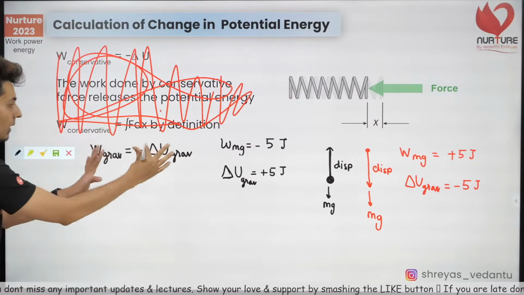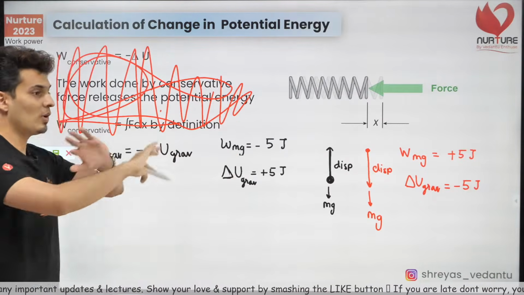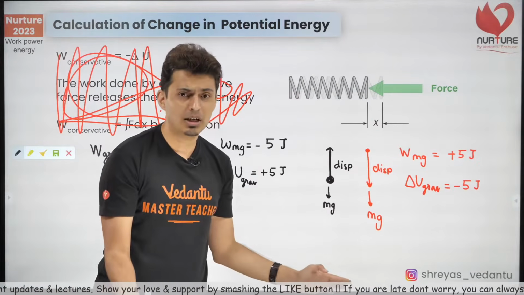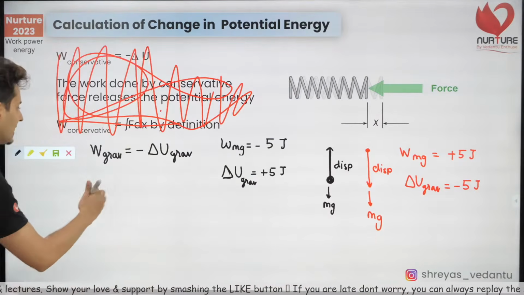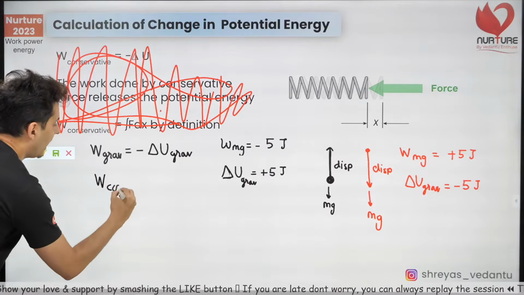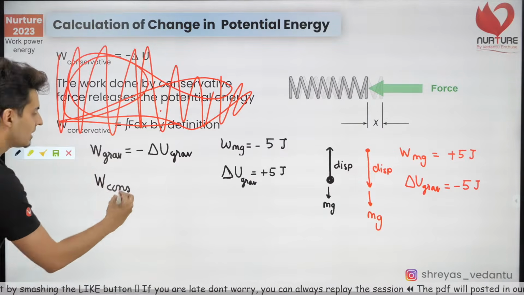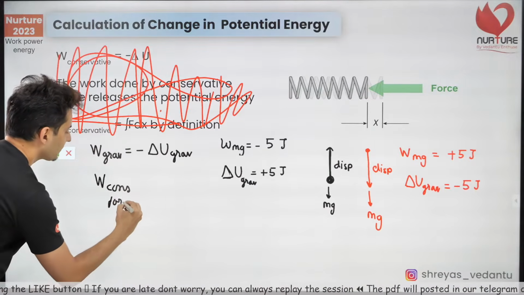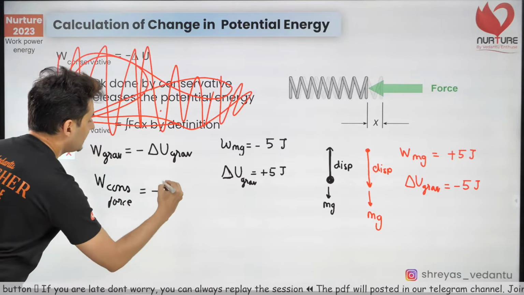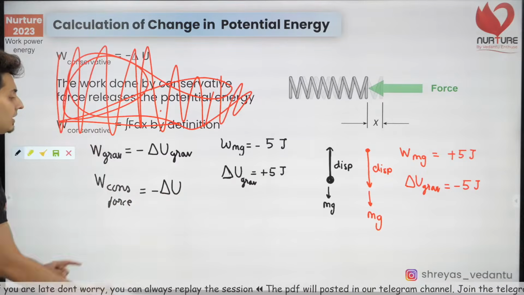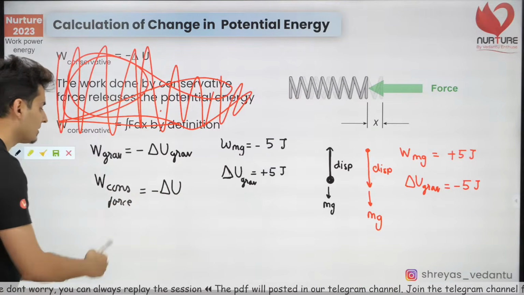In the same way, I can also tell you this for spring, for electric, and for any other potential energy. The work done by that conservative force, and gravity is a conservative force, will be the negative of the change in the potential energy of that conservative force.